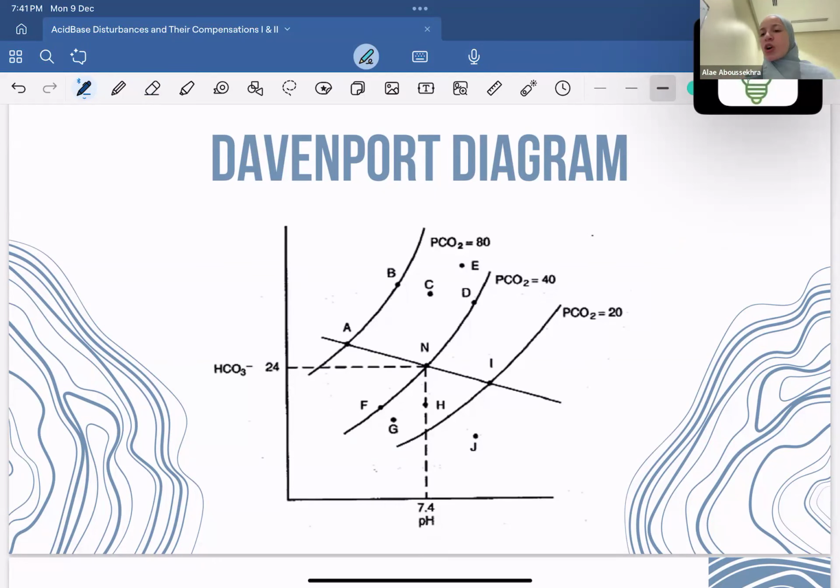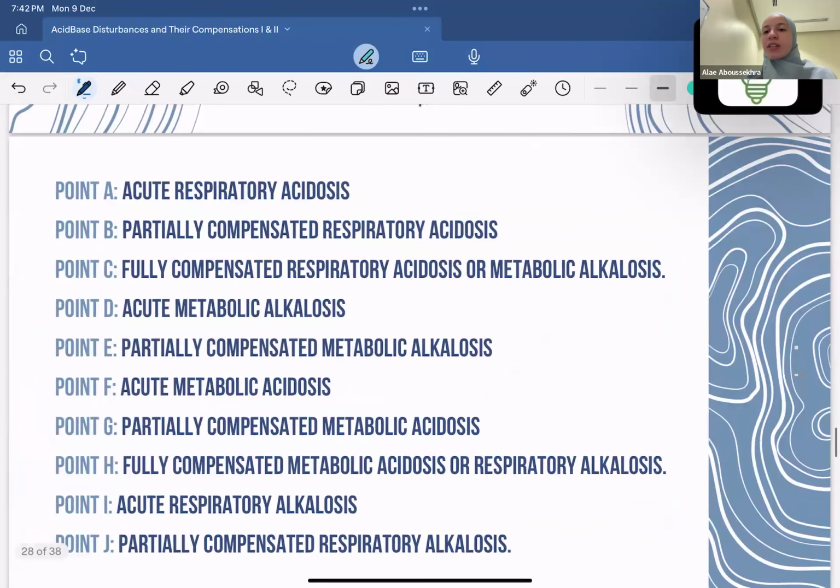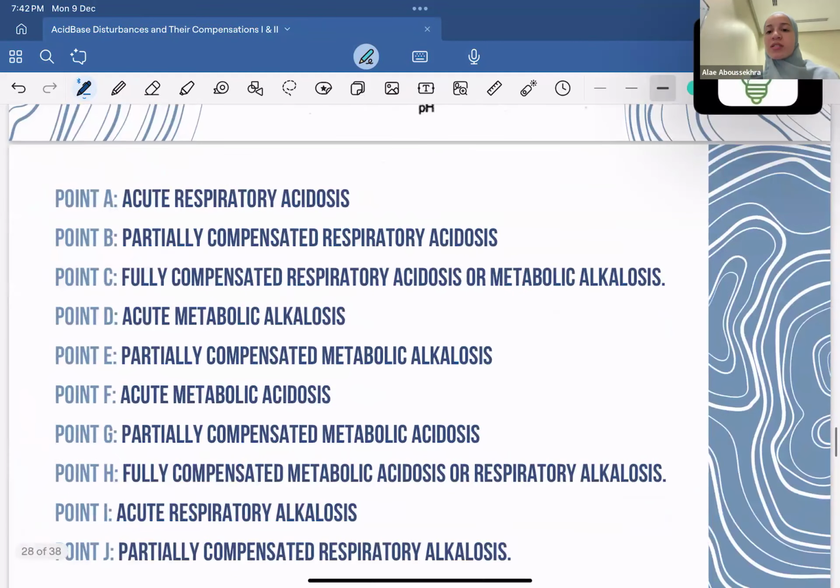And the other points on this diagram are what I basically talked about, all the options that you could have. So it's going to be one of these options: either acute, partially compensated, or fully compensated. So these are all the points if you want to look at each one and what it is.